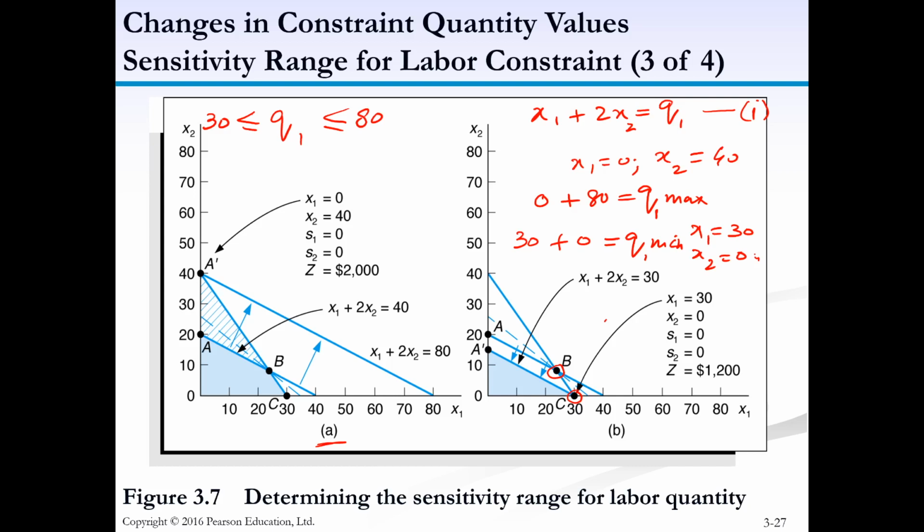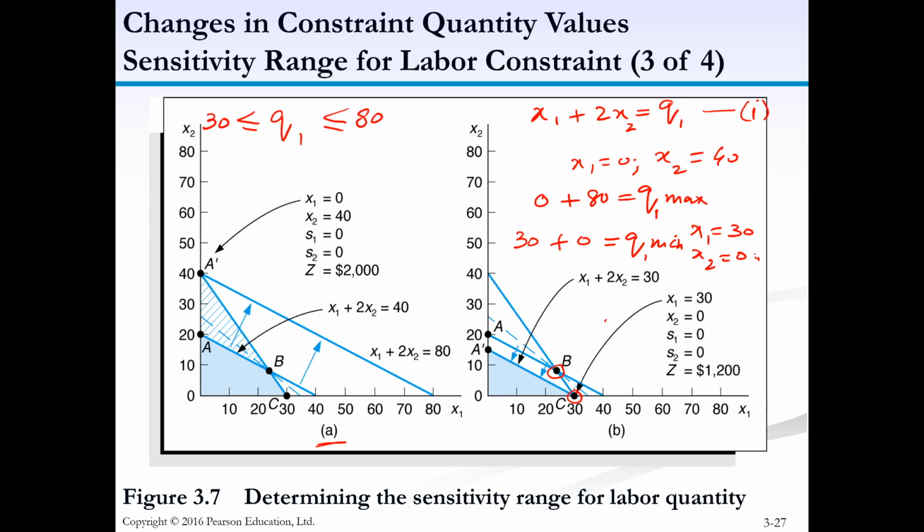This is the range over which the variable mix remains the same. After that, it changes. The original value at x1 plus 2x2 is equal to 40. The solution mix had x1 and x2 both positive, and s1 and s2 both 0.